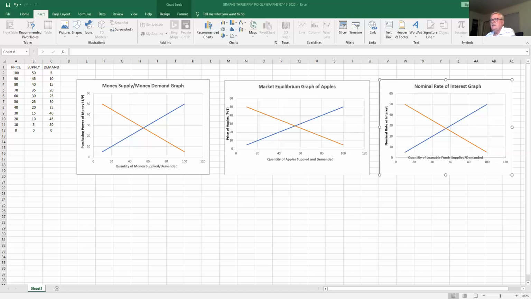So before we even get to the price of apples in the second graph, we know what's going to happen. And again, with the second graph, we make the assumption that the pricing behavior of apples is indicative of the pricing behavior of most goods in the economy when the demand for money changes.